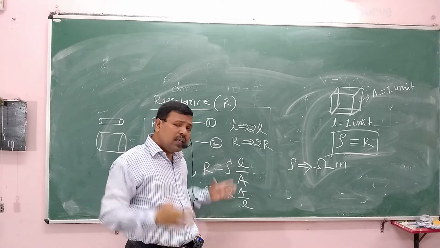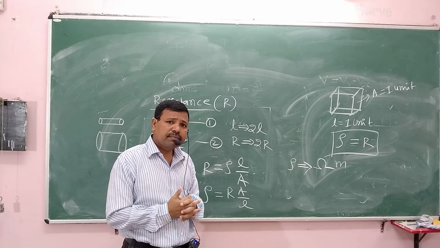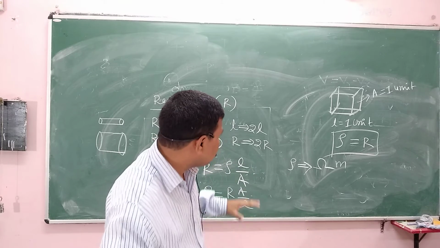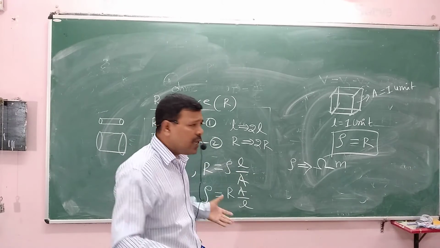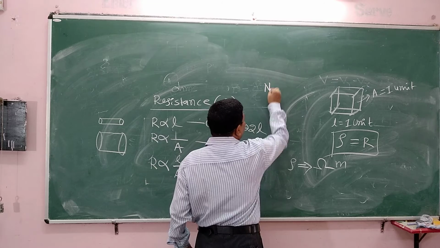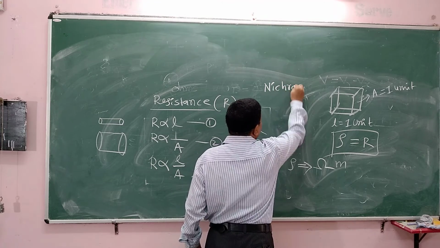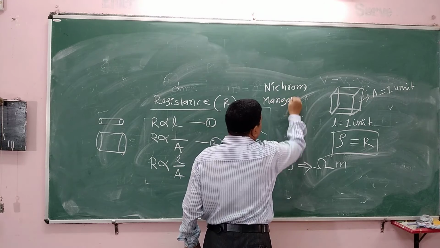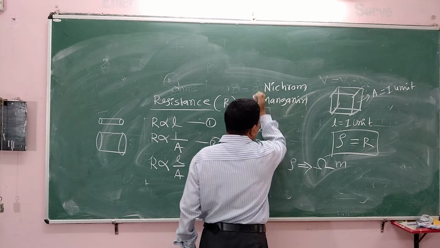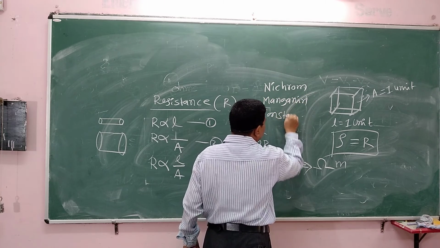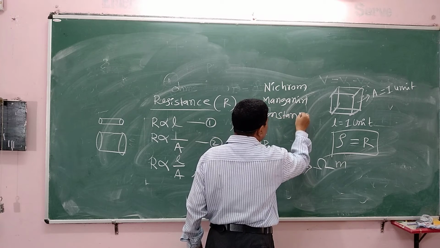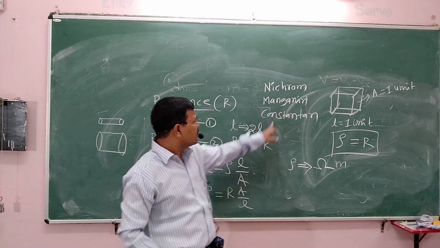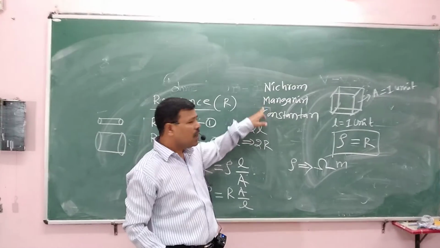Okay, what is the importance of resistivity? Yes, that's very important. We have certain substances which are known as alloys. Nichrome, manganese, constantan, okay, so these are alloys.